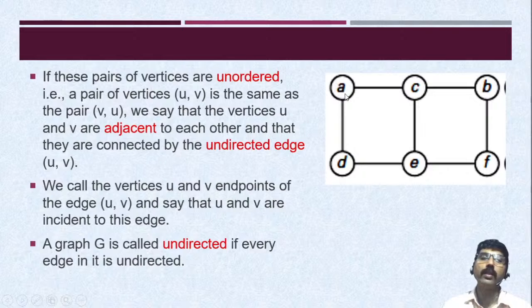These two vertices A and C are called adjacent to each other, and this edge is called an undirected edge. In a simple way, if you consider this one as one city and this one as another city, there is a road between them. I can travel from A to C as well as from C to A on the same path. So it is called an undirected edge.